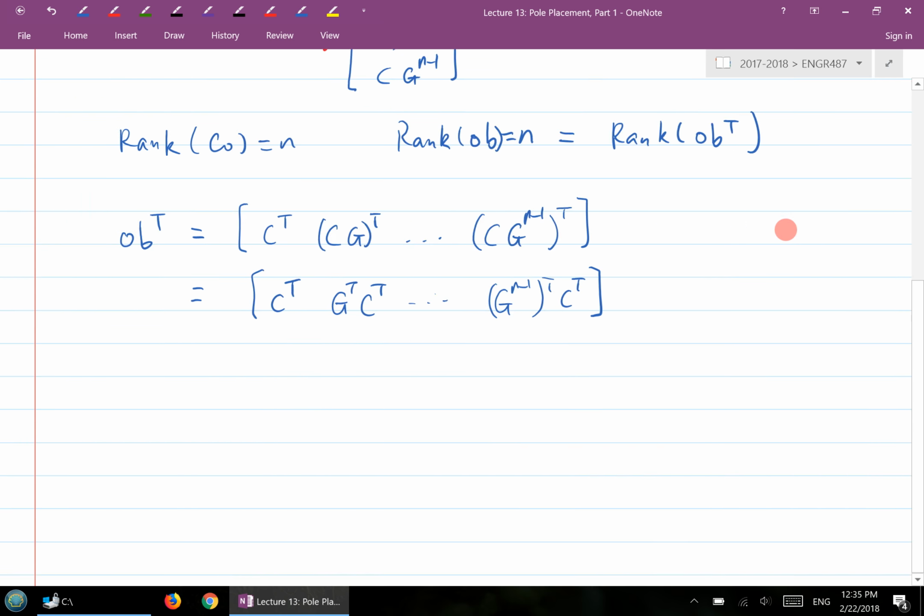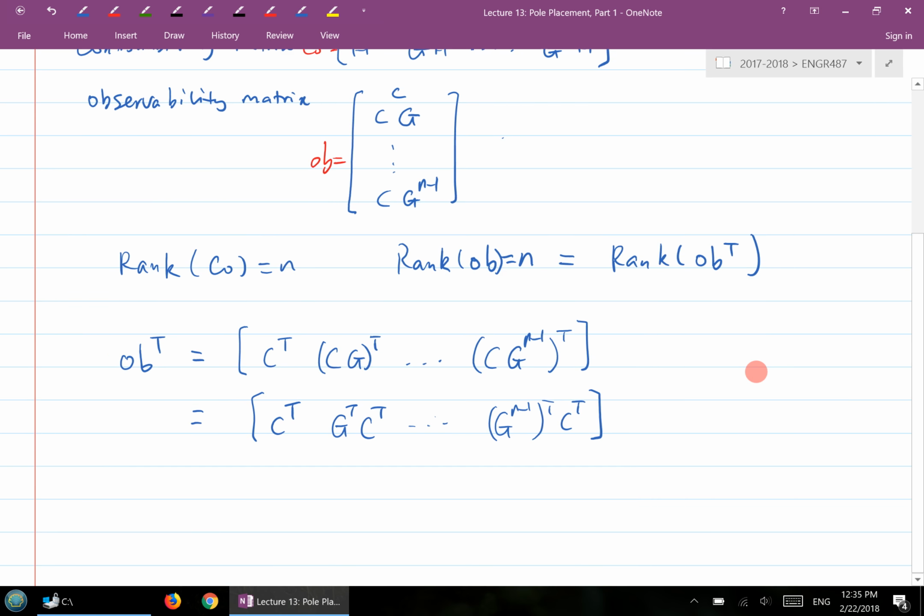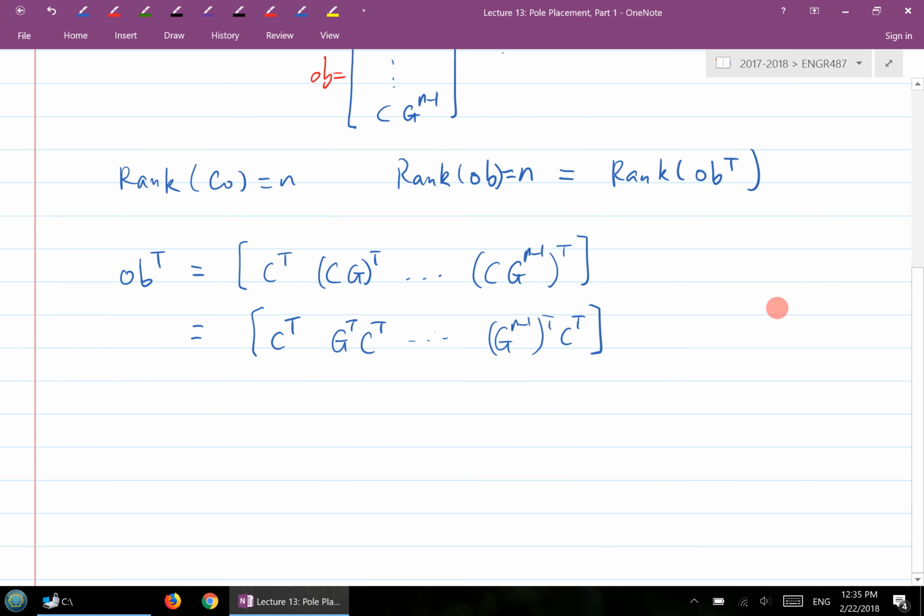So let's take a look at a very simple example here. Let's say we have a very simple system.